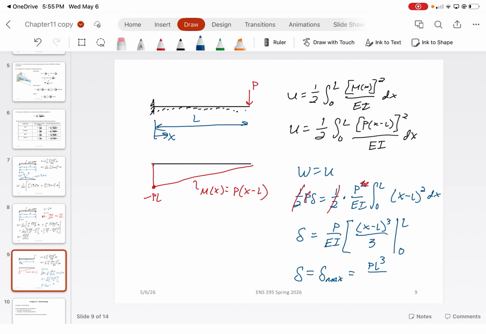PL cubed divided by 3EI. Any questions about this?